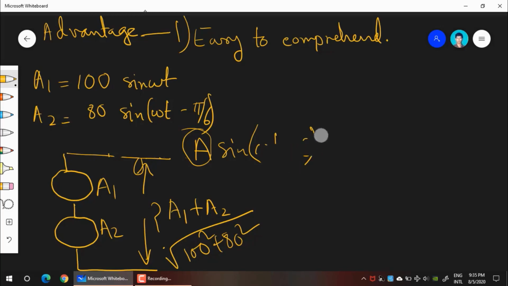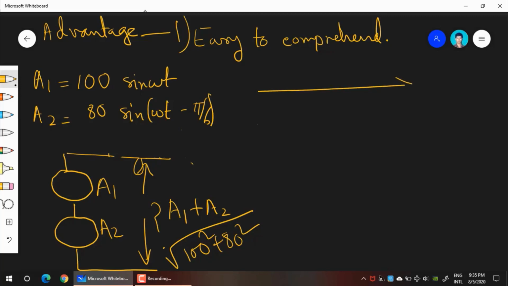Now, instead of doing all these, let us do a very simple thing. This is my Phasor for A1. Let me make A1 somewhat small.